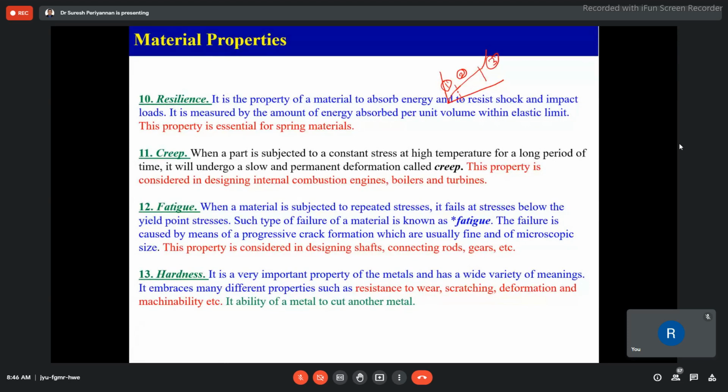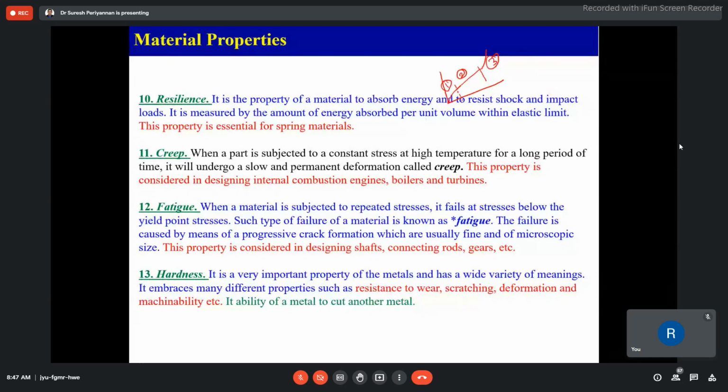Now, why is this an important property? Because, for example, in IC engines, what is the maximum temperature created inside the cylinder while driving the vehicle, while performing the combustion process? The material of the connecting rod and piston that we use inside the bore, we should study at different load conditions and different temperatures.